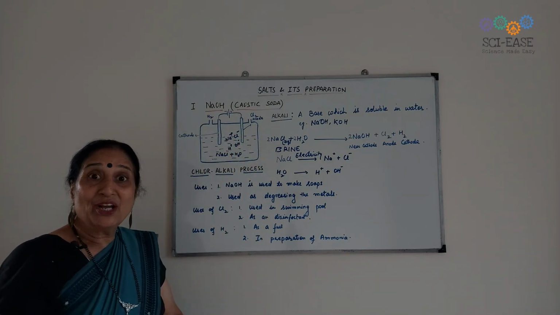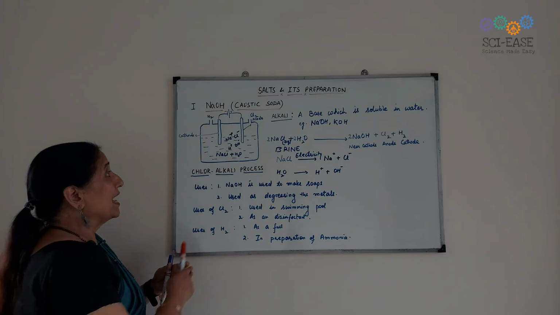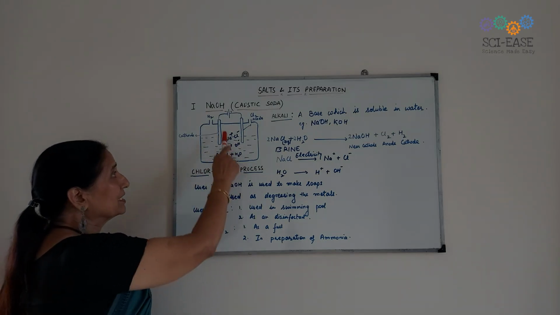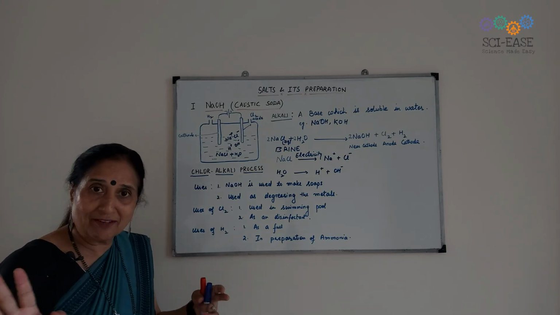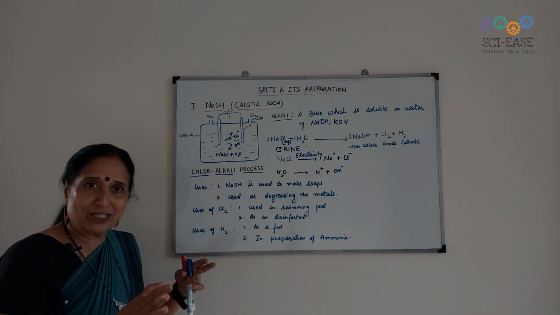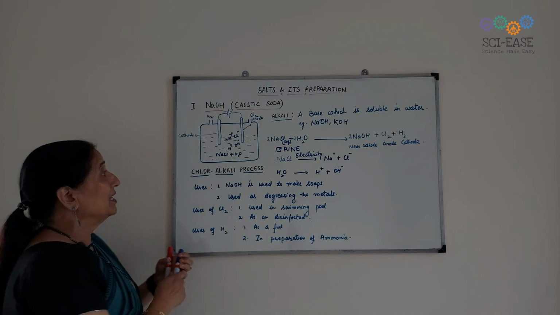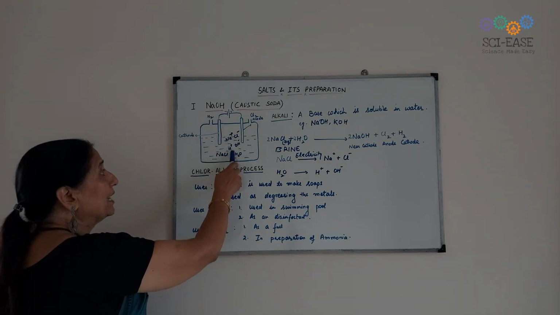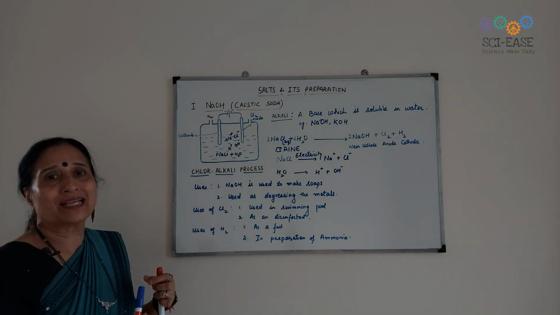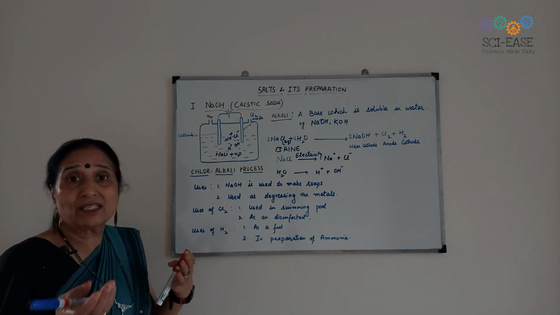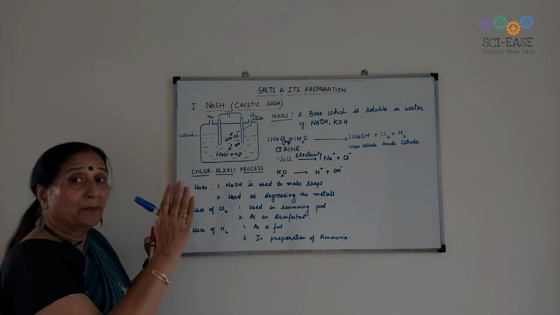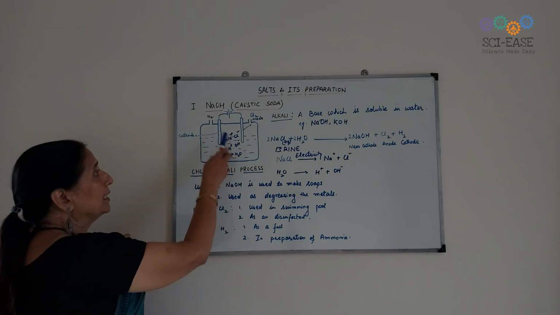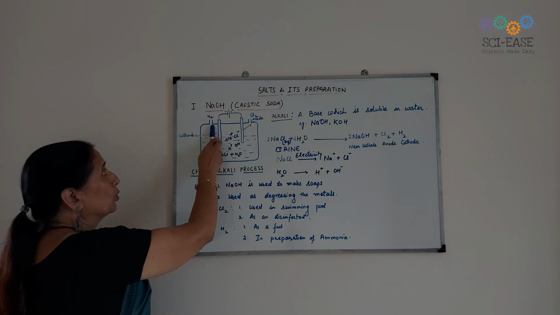Next, H positive ions and Na positive ions are the positive ions. Out of these two, the H positive ion has a very small size, and being lighter, it will move towards the cathode.